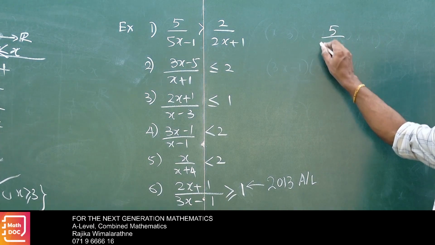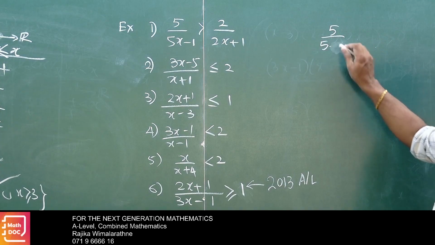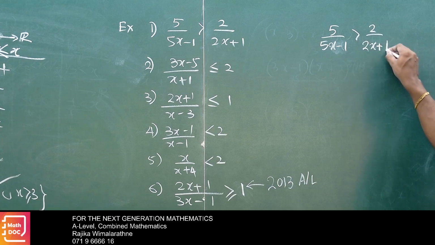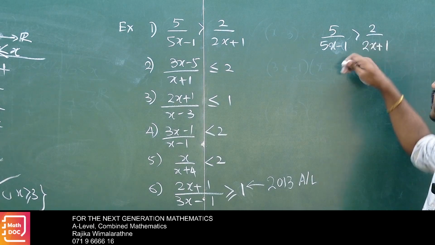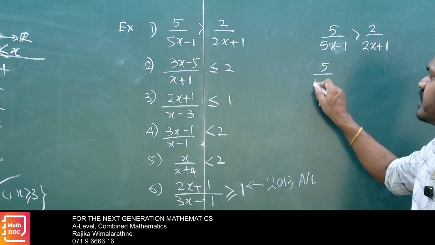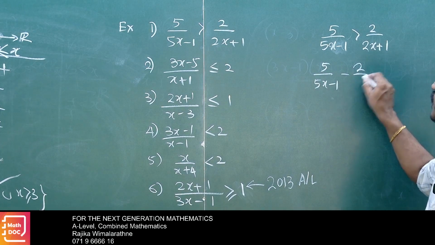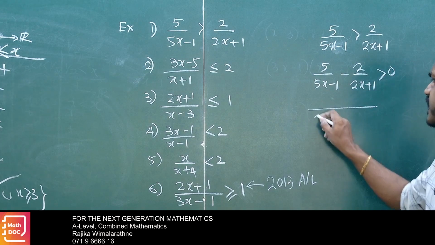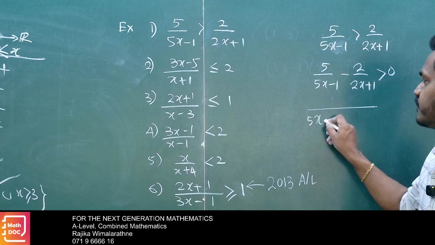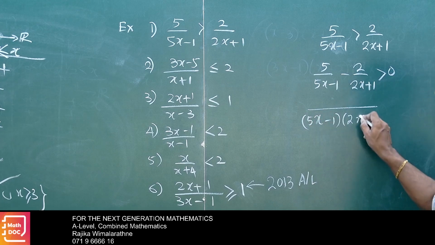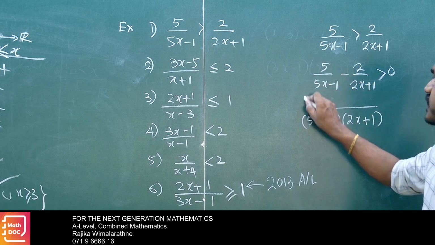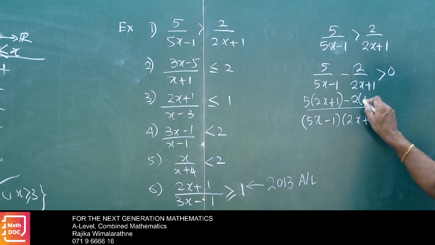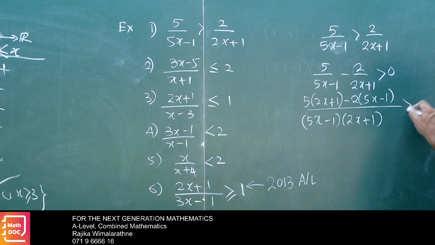5 over 5x minus 1, greater than 2 over 2x plus 1. We can't cross multiply. You take this side 5 over 5x minus 1 minus 2 over 2x plus 1. You put all terms one side, then get a common denominator. 5 into 2x plus 1, minus 2 into 5x minus 1, greater than 0.